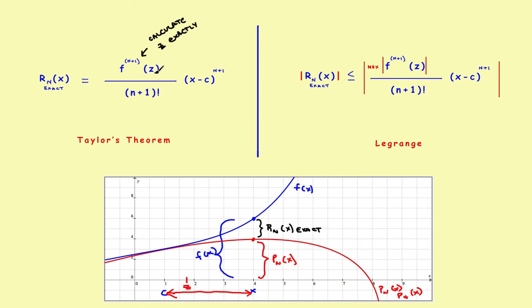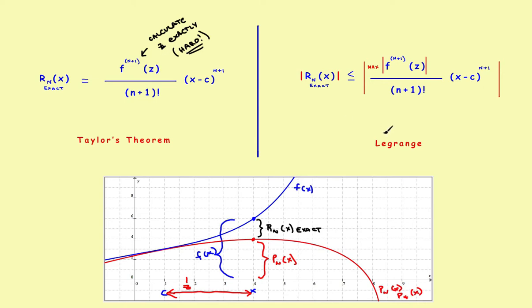Now, the problem is that on a lot of problems, it's going to be extremely difficult, and in some cases impossible, to actually find the specific value of z that makes this work. So I'll put a note right here: this is going to be very hard in general. So the problem with Taylor's theorem is that while it gives you an exact answer if you could find z, in a lot of problems you absolutely can't find z, or you have to go through a lot of work to get it. So this will give you an exact answer, but it's a real problem to actually work with.